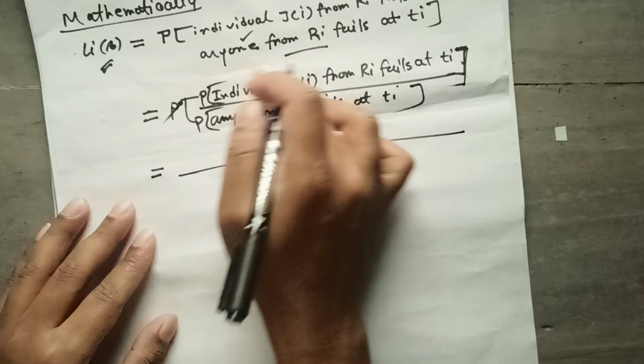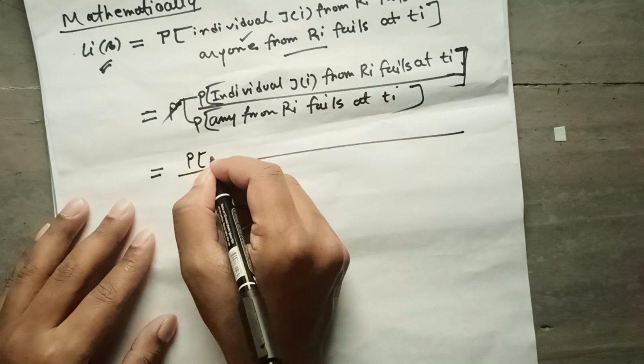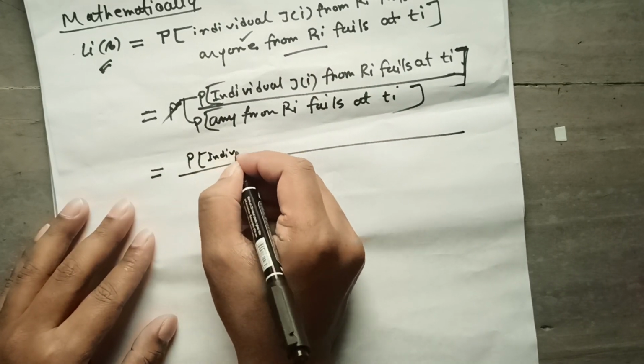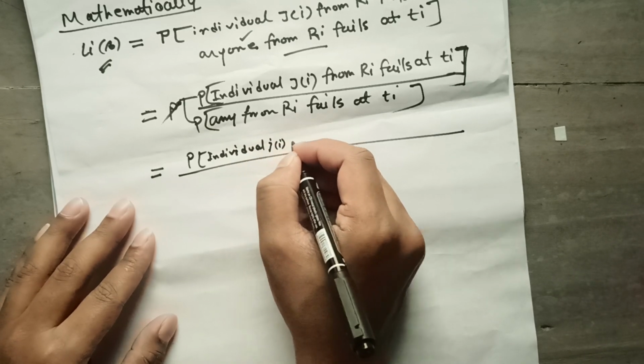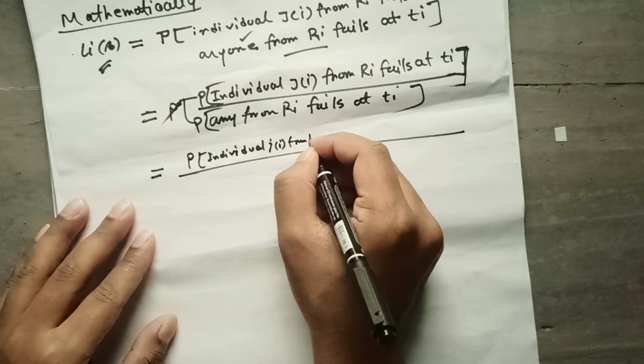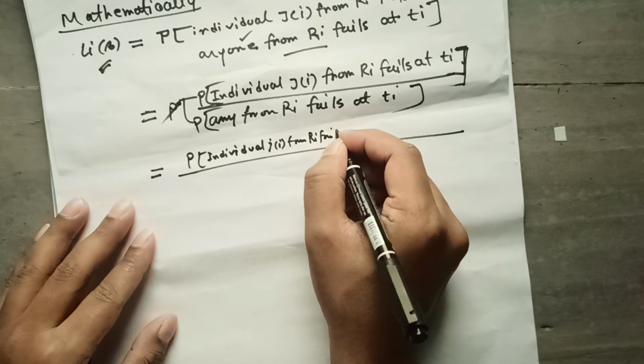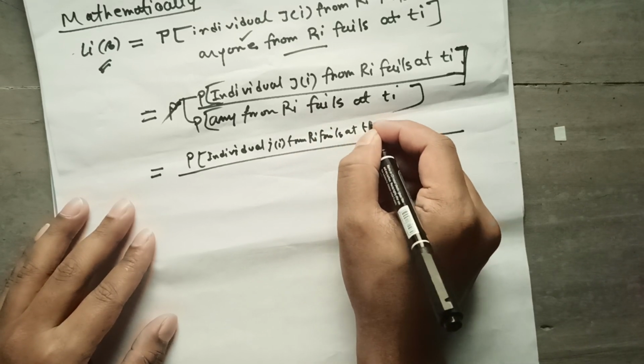So now I can extend that a little bit. Probability of individual Ji from Ri fails at Ti.